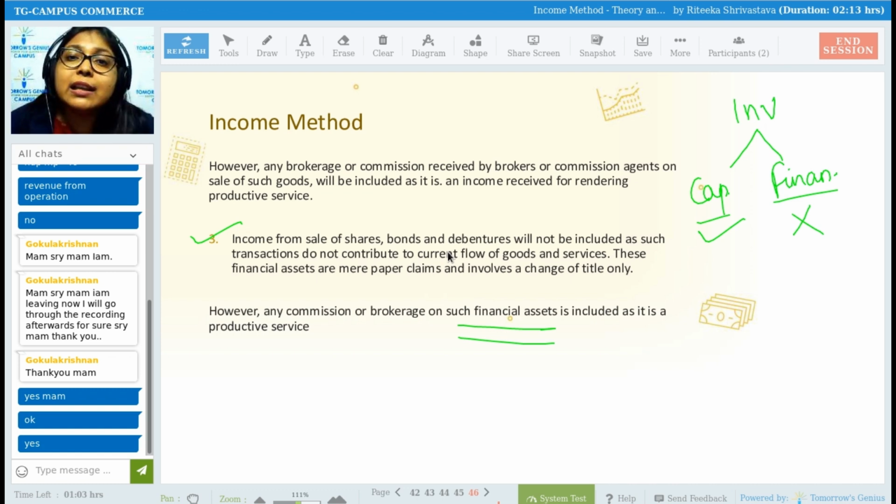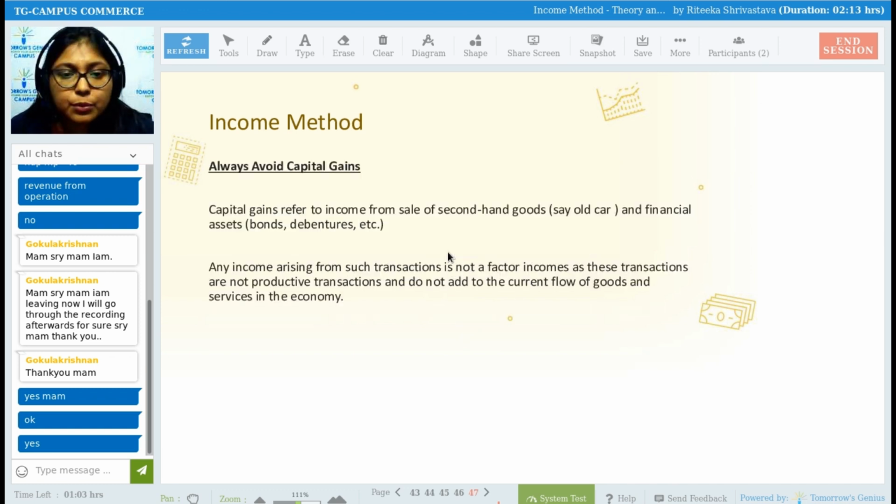So in the question, if they give you income received from the sale of debentures, then you should know that that kind of income is not going to be included while computing national income through income method.